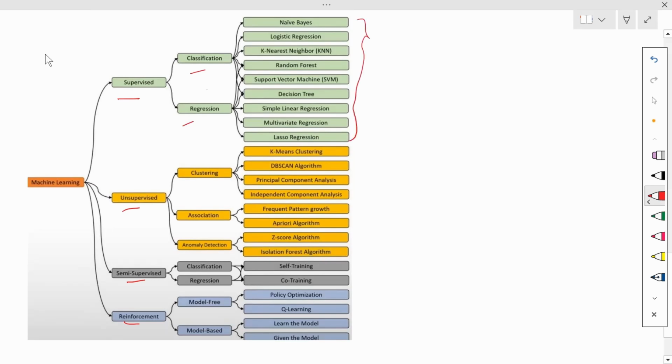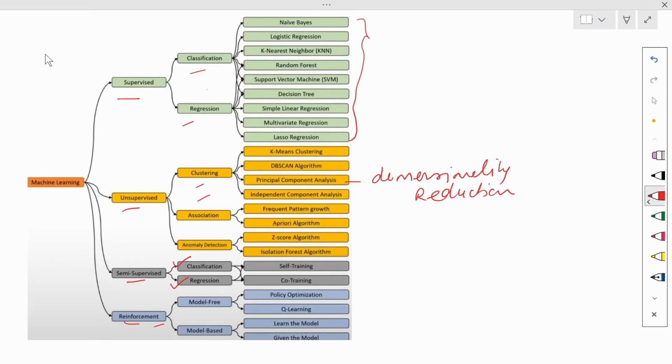For unsupervised, we have clustering, association, anomaly detection, and dimensionality reduction, which is mentioned here. For semi-supervised learning, again we have two categories, classification and regression, same as for supervised learning. And then we have reinforcement learning.